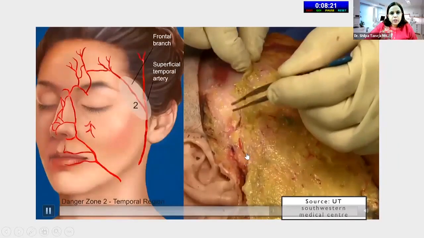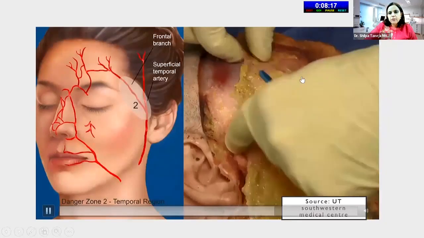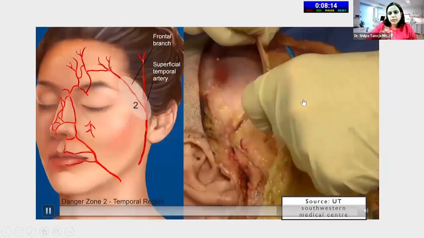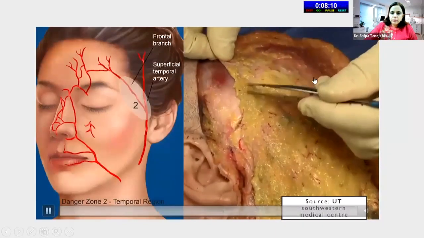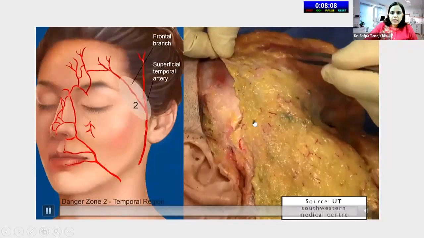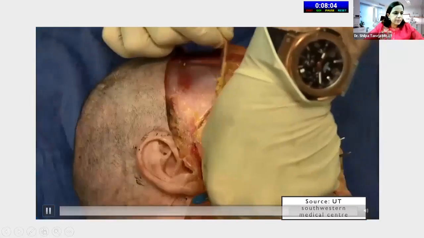The superficial temporal artery becomes really superficial and lies 1 finger breadth above this brow area, and thus we should take care while injecting fillers in this area.